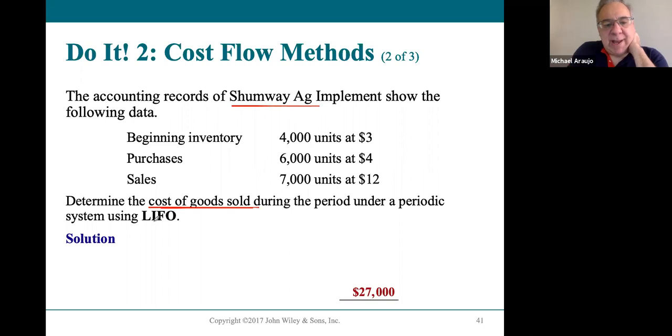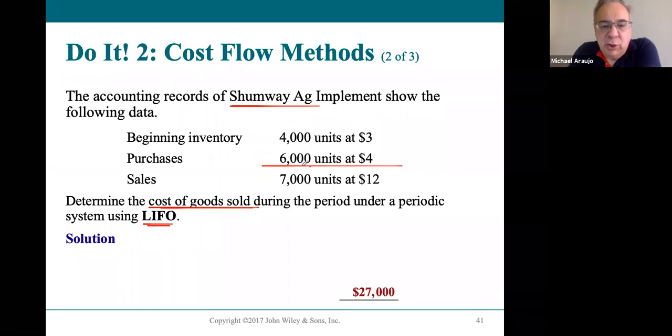Okay, so we're looking at LIFO. Again, there must be some way of figuring this one out. Well, you know you have 10,000 units and you sold 7,000 of them. Under LIFO, which ones did you sell? Well, LIFO is bottom up. So these 6,000 units have been sold, and you need 1,000 more units to be sold.